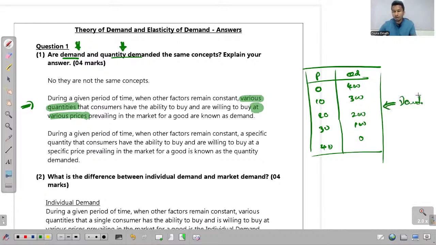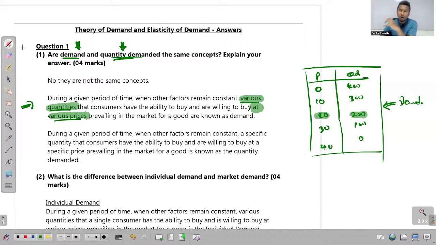And that's why I told you, when you explain the term demand, you need to highlight this part, that it's about various quantities that consumers have the ability to buy and are willing to buy at various prices prevailing in the market for a good. However, when it comes to the quantity demanded, it's about a single quantity that you select under specific price.